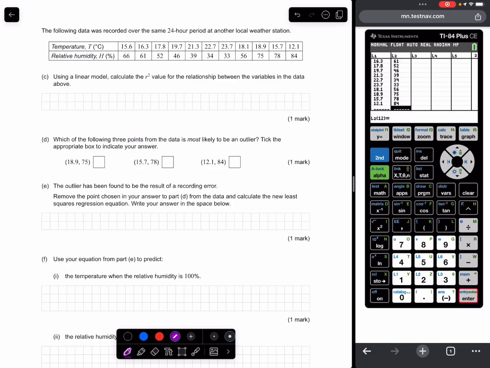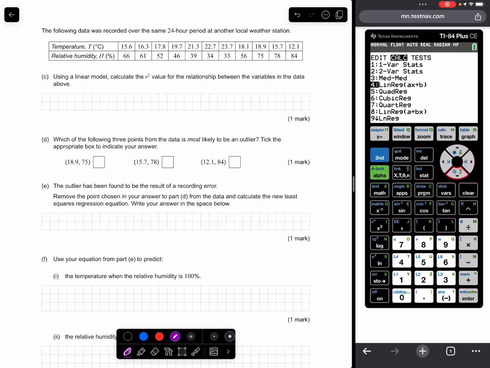Find the r squared value. Stat, calc, lin reg. Because it's set a linear model. I don't have my diagnostics on, so second 0 for catalog. Press matrix button to skip down to the diagnostic, the D entries. Turn diagnostics on.